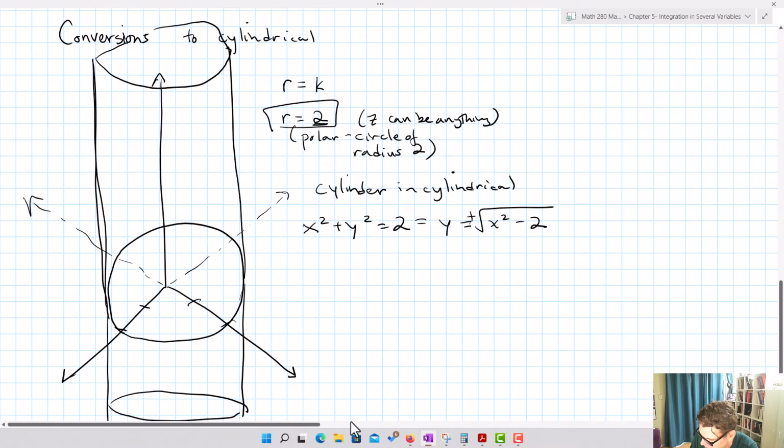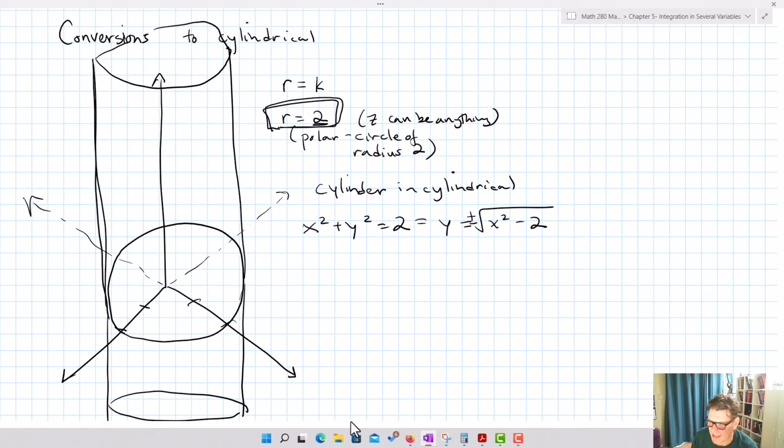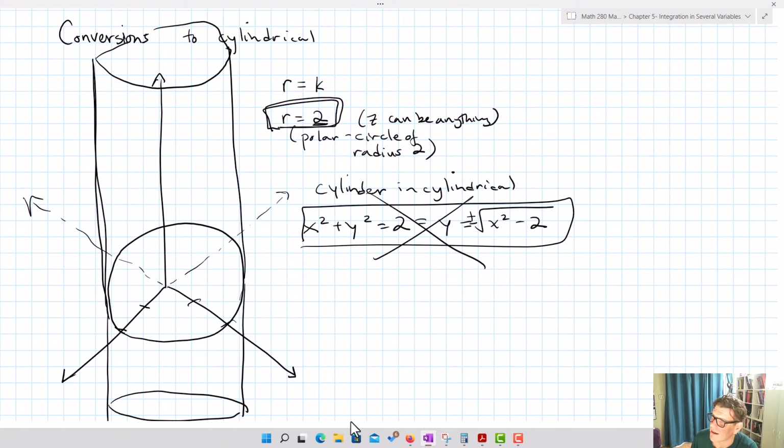And we're going to have to use the plus or minus. We're going to have to use bottom and top. So it's like, oh, okay, if I've got a cylinder that I'm actually integrating over as my volume, that's totally what I'd rather use versus this. This is a pain. It's a mess. It's really hard, right? Very inefficient. Two variables versus one. Not something we want to do, okay?